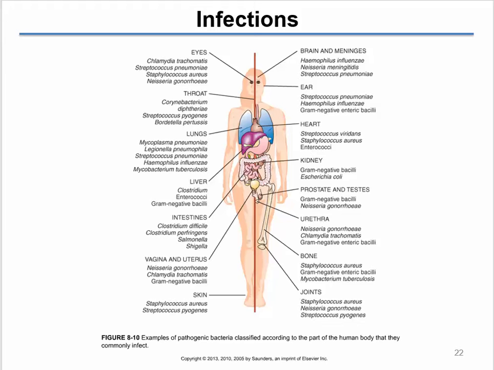But you'll see that some of them end up in a number of places, like Staph aureus ends up in the eyes. Neisseria gonorrhea ends up in the eyes and the urethra. So staph will end up in various other places, like on the skin, right? Clostridium is in the liver, but it's also in the intestines.